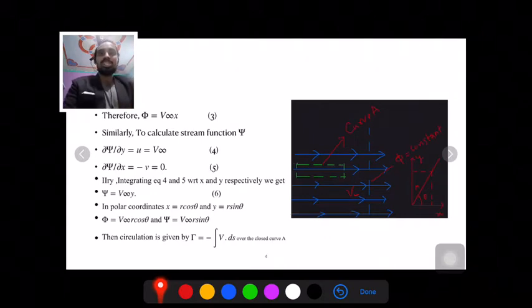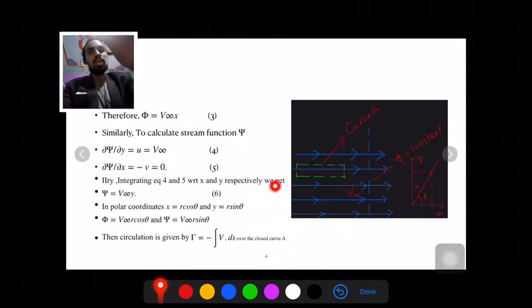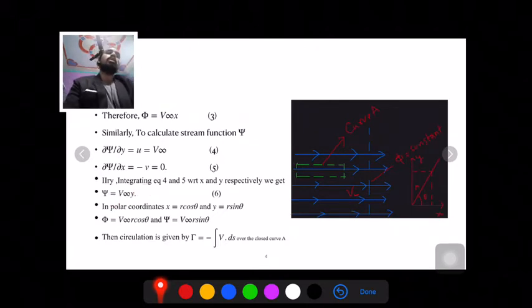Similarly, dou psi by dou x is equal to minus v, but we don't have anything here, so it is equal to 0. Now again integrating these two equations, that is equation number 4 and 5, with respect to y and x, we are basically going to get psi is equal to v infinity y plus constant. Again the constant, right, derivative of constant is 0, so I can write it as v infinity y.